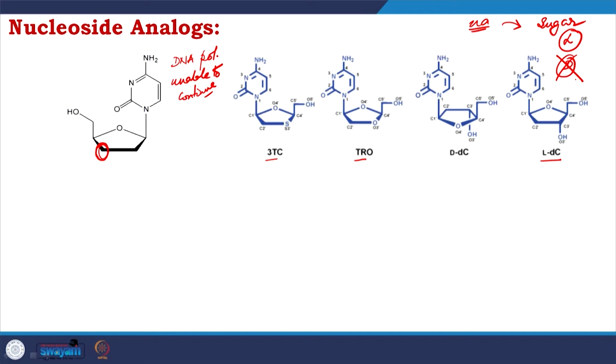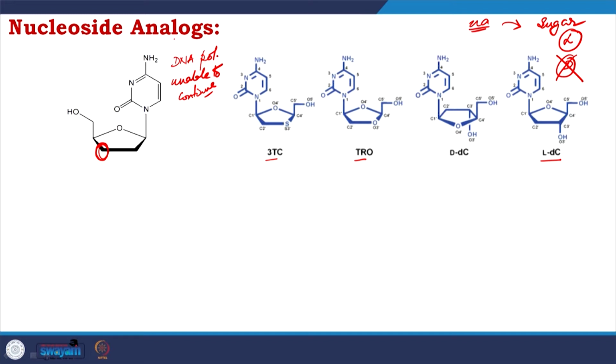So, how should it work? That was an enigma for a long time, though in reality as drugs, lamivudine, troxacytidine, L-deoxycytidine, they all are working much better than those straightforward analogues.